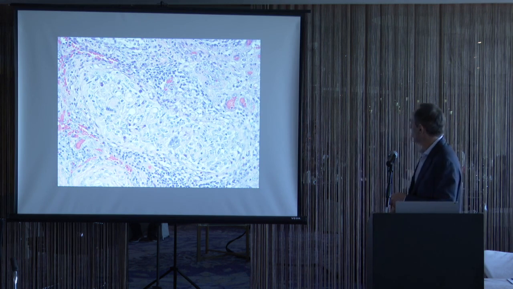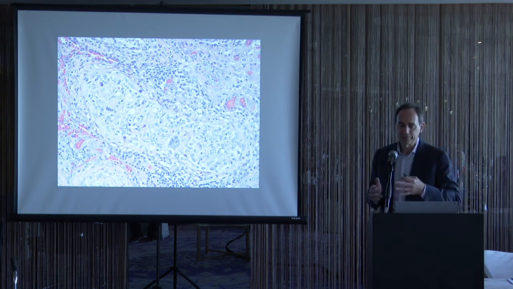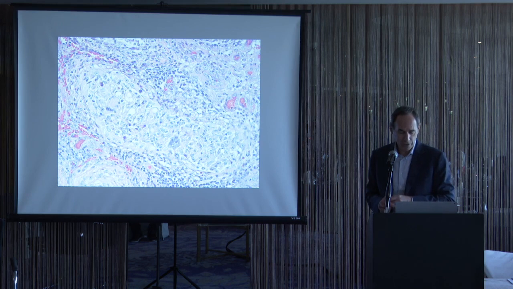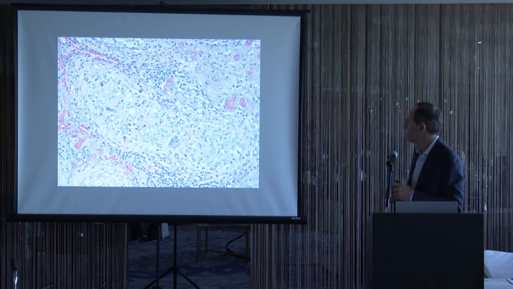Here's a situation where we have a very prominent granulomatous reaction within the tubules to germ cell neoplasia in situ, where for the most part it's almost impossible to even recognize where the germ cells are. It's totally obscured the germ cell component. So whenever you see a lot of granulomatous reaction within seminiferous tubules, you have to entertain the possibility that this could be a granulomatous reaction to germ cell neoplasia in situ.